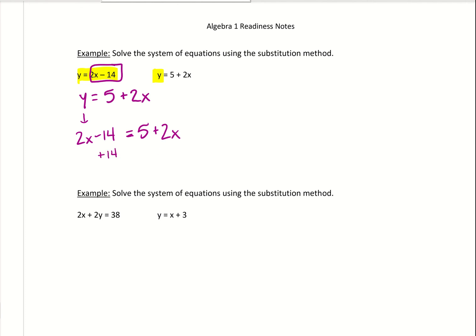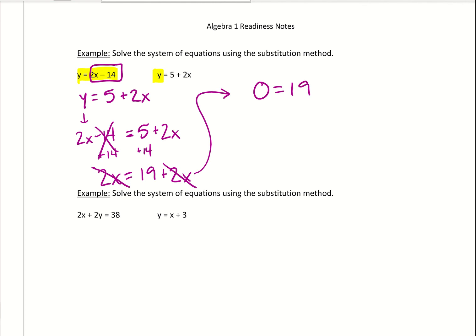So there we've added 14 to both sides, and then we have 2x equals 19 plus 2x, and you might see it now already, but we can go ahead and stop, or we can keep going if you don't see it. So I'm going to subtract 2x from both sides, and that's going to cancel both of these 2x's. So that's going to give me 0 equals 19.